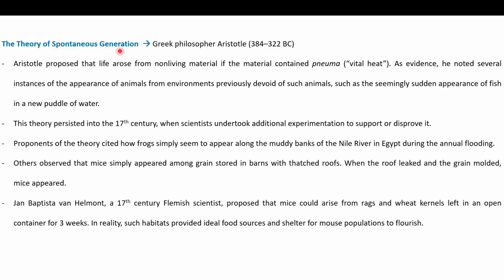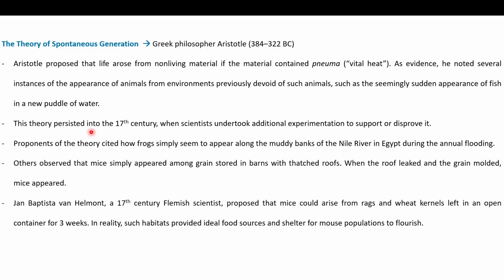Next came the theory of spontaneous generation, put forward by Greek philosopher Aristotle. So he proposed that life arose from non living material if the material contained pneuma, or vital heat. He termed it as pneuma. As evidence, he noted several instances of life forms appearing from environments where there had been nothing earlier, such as the seemingly sudden appearance of fish in a new puddle of water.